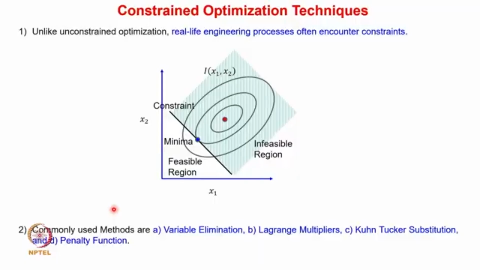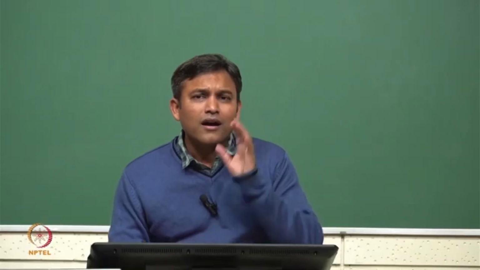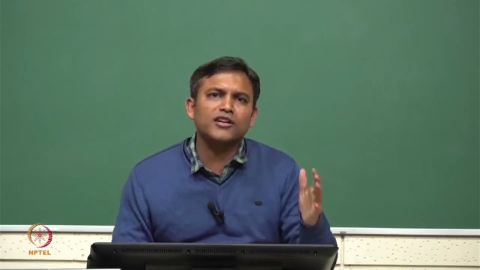In order to handle these constraints, there are different methods. The popular ones are variable elimination, Lagrange multiplier, Kuhn-Tucker substitution, and the last one is the penalty function. Variable elimination, Lagrange multiplier, and Kuhn-Tucker substitution are referred to as mathematical substitution. These methods convert your constrained optimization problem into an unconstrained optimization problem.